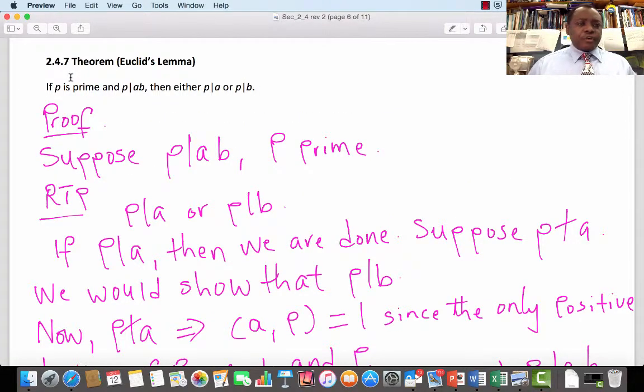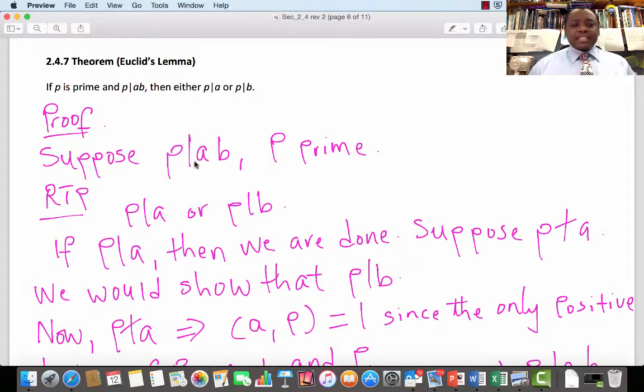Subsection 2.4.7, Euclid's lemma. If p is a prime number and p divides a times b, then p divides a or p divides b. Interesting. Proof.